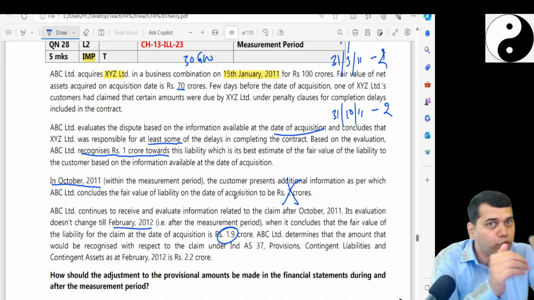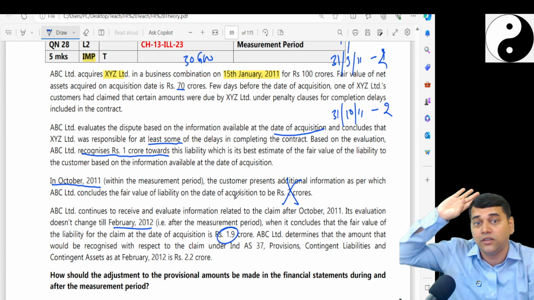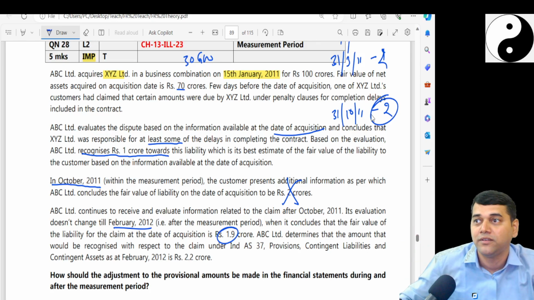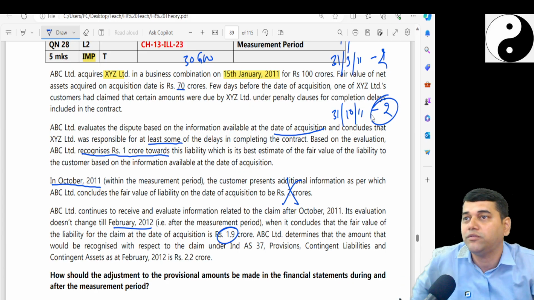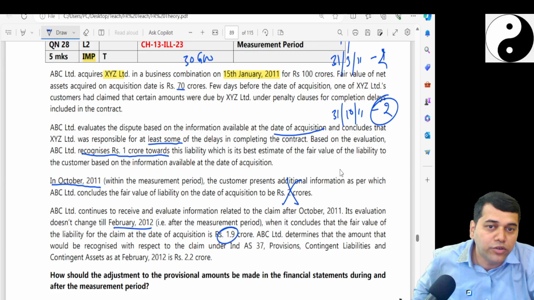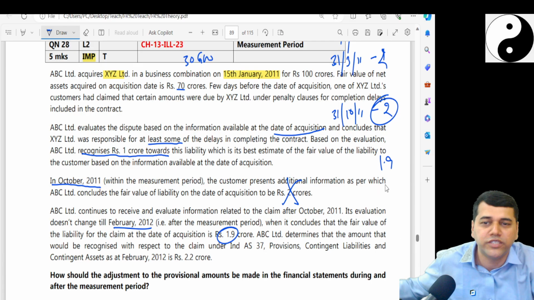So you realize after the measurement period that at the date of acquisition, which you retrospectively restated in October, it is not even 2, it is 1.9. But nothing doing now. You cannot go and touch goodwill again.